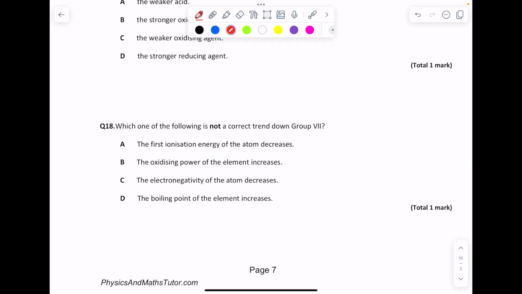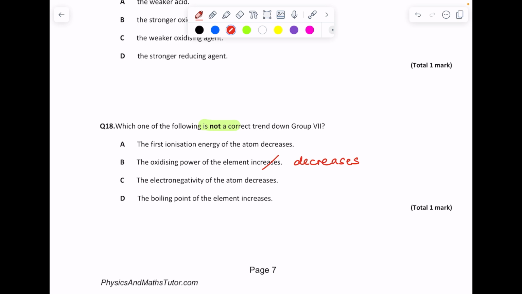Which of the following is not a correct trend of group 7? The first ionization energy of the atom decreases. That's absolutely true because remember, those atoms get larger, they have more shells of electrons, so it's easier to remove an electron. The oxidizing power of the element increases. No, we said it decreases. We said that at the top of that group, you'd find the strongest oxidizing agent. The electronegativity of the atom decreases.